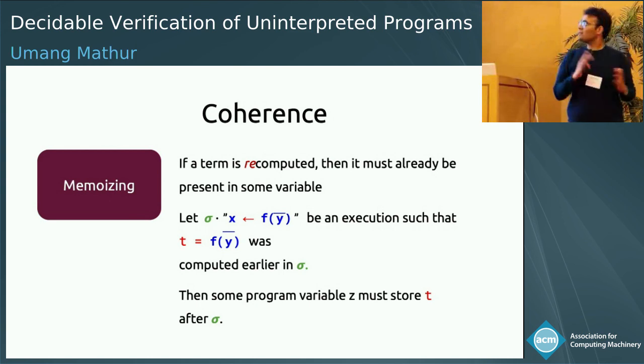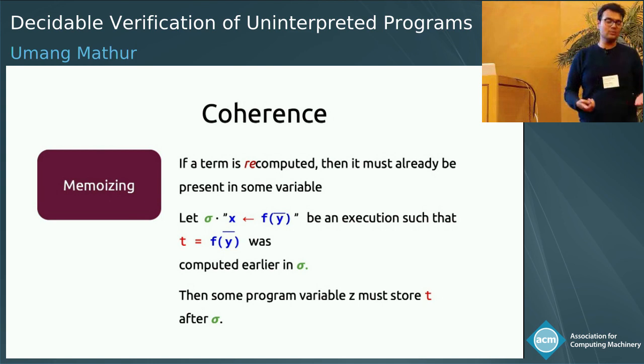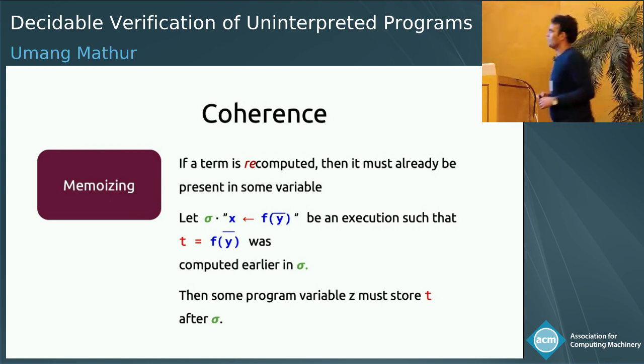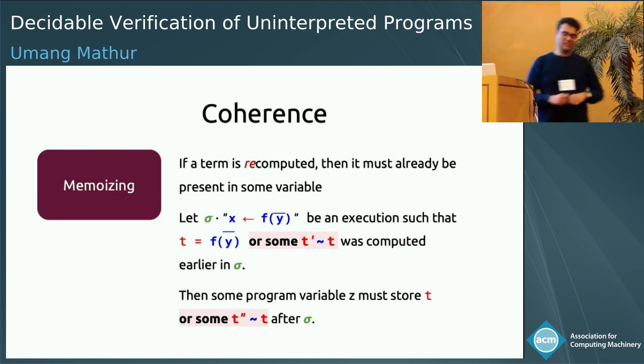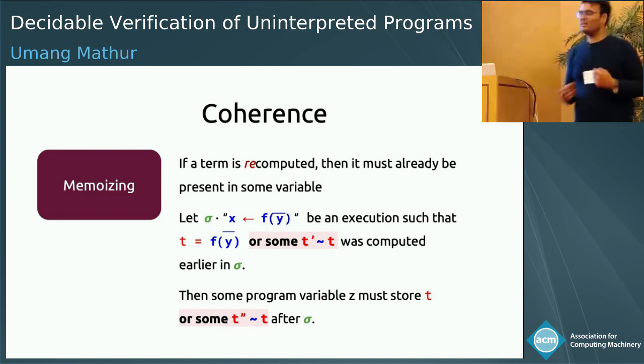Then the memoizing requirement says that there should be some variable that already stores t at this point. So essentially, you are not recomputing terms, or rather, if you're recomputing terms, you're keeping track of those. When you have equality assumptions, this is more subtle, and you also have to account for equivalent terms that might have been computed before.